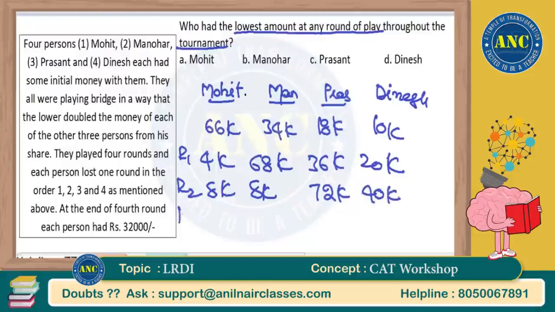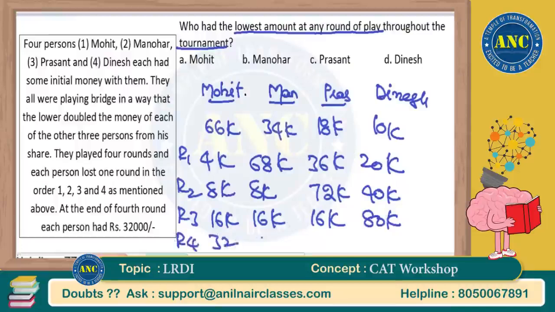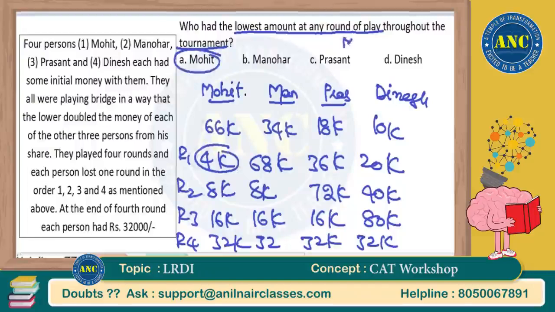What is the third round value we got? 16K, 16K, 16K. Next is 80K. What is the fourth round value we got? 32K, 32K, 32K, 32K. Lowest amount is 4,000. Answer is for Mohit.